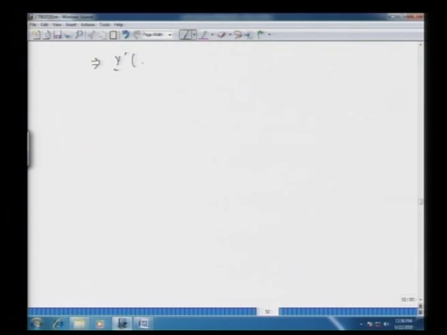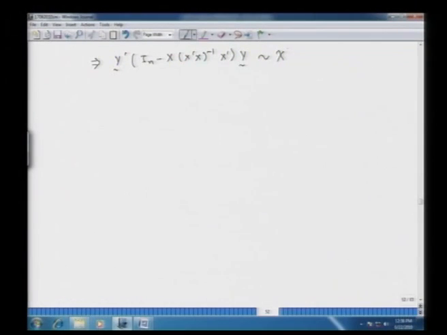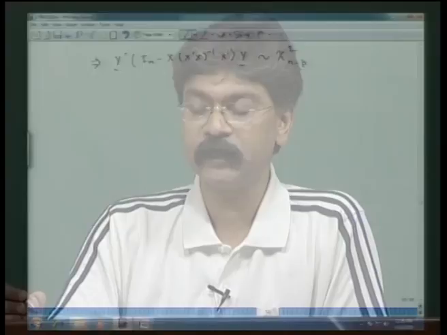This Y transpose (I_n minus X (X transpose X) inverse X transpose) Y thus follows, the non-centrality parameter being 0 implies that the non-central chi-square is actually a central chi-square, with degrees of freedom as rank of A, which we had derived as n minus p, and the non-centrality parameter vanishes.